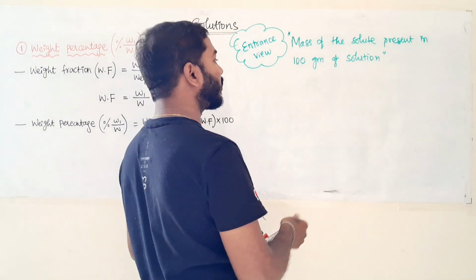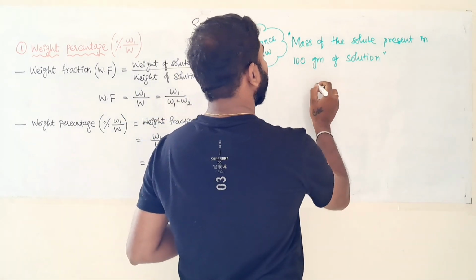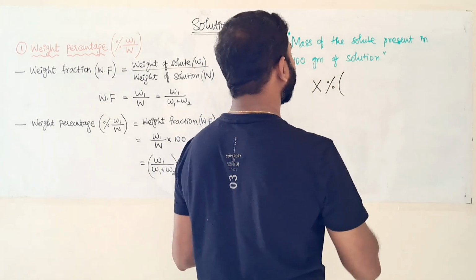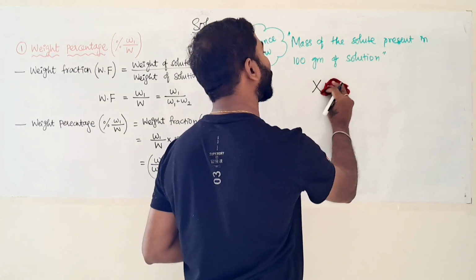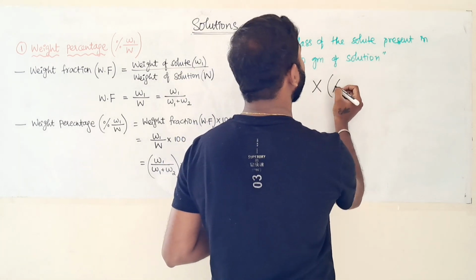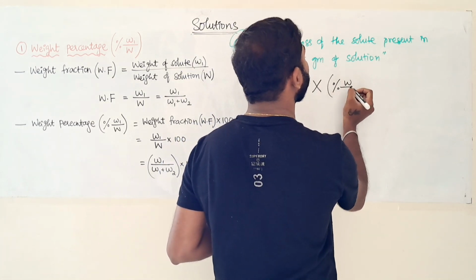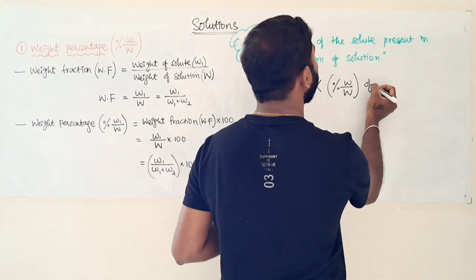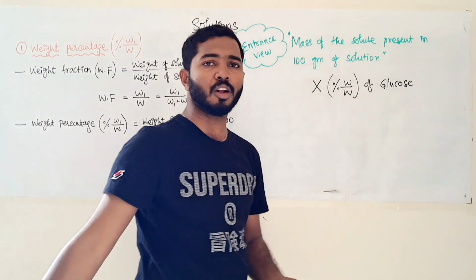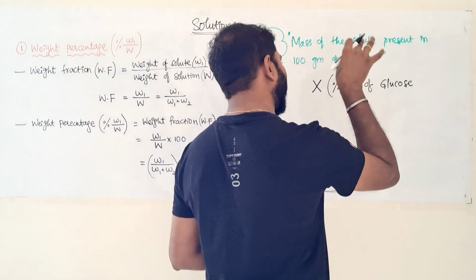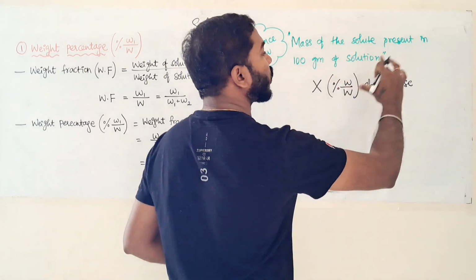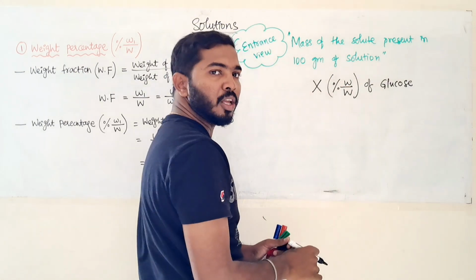Suppose we have this type of notation, which we will observe in entrance exam questions. Suppose they give X weight percentage of glucose, or they may give some other compound. If we see this type of notation, how do we write it for our convenience?